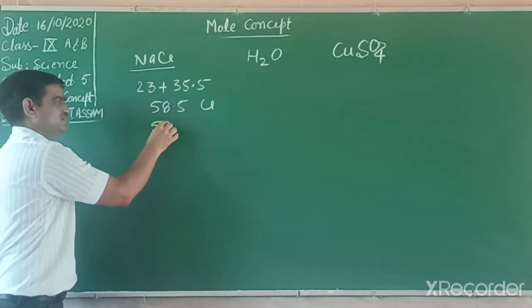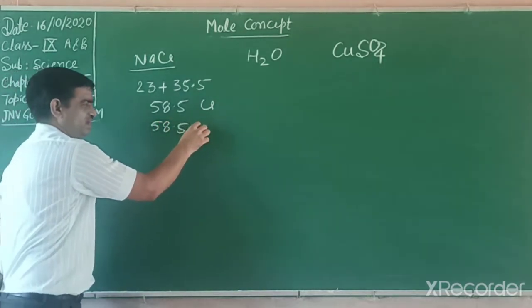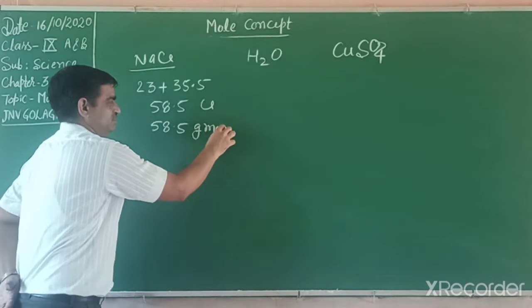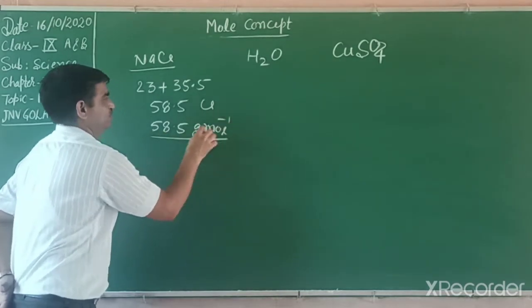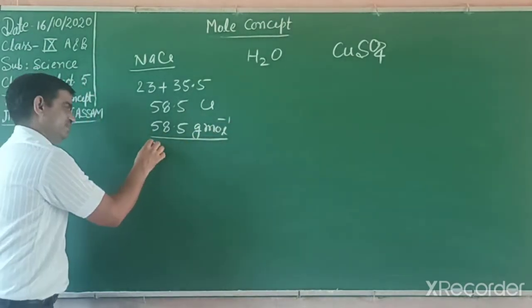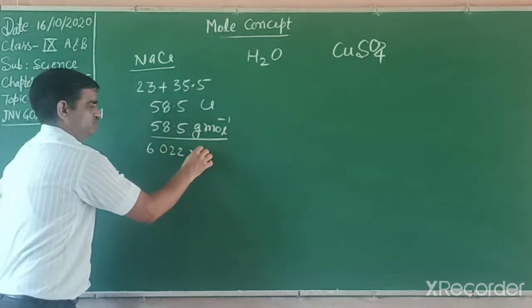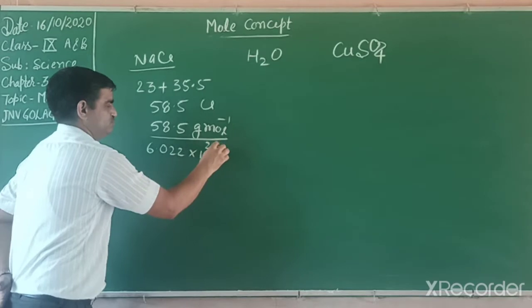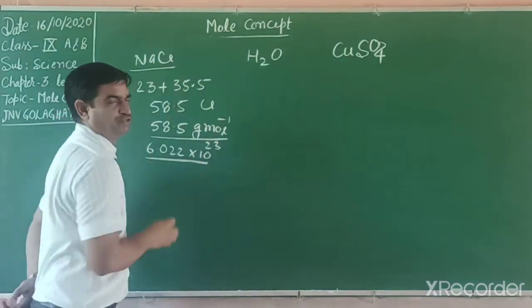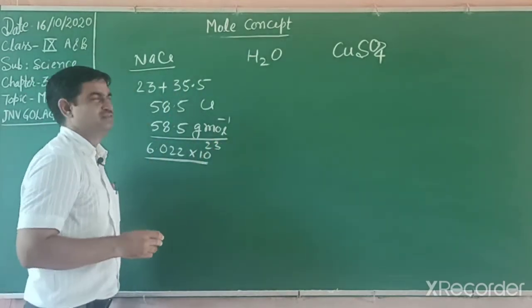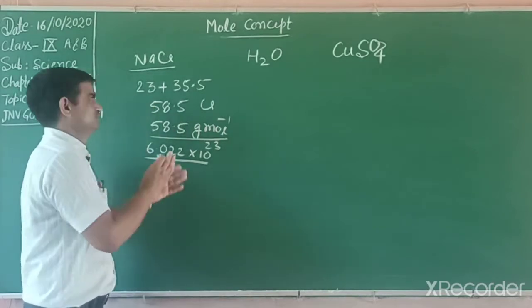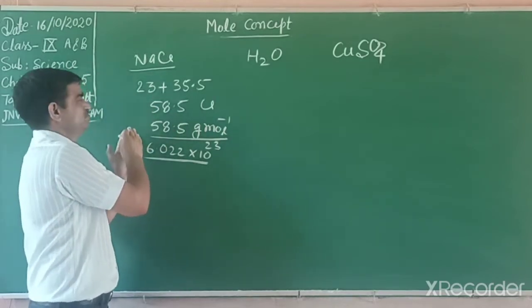If we write 58.5 gram mole inverse, that is 1 mole, means Avogadro number, 6.022 × 10^23 molecules of sodium chloride. That is formula unit mass, means there are separate sodium and chloride ions.